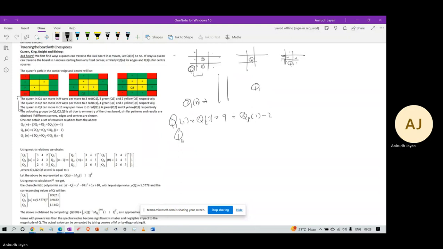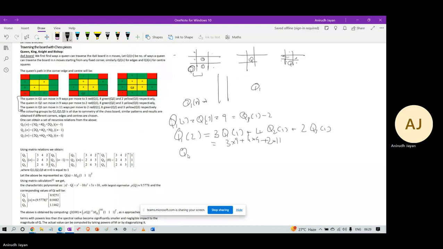Now let us look at Q1 of 2. Q1 of 2 is simply we add three other corners, that is 3Q1 of 1 plus 4Q2 of 1 plus 2Q3 of 1, which is nothing but 3 into 9 plus 4 into 9 plus 2 into 11.